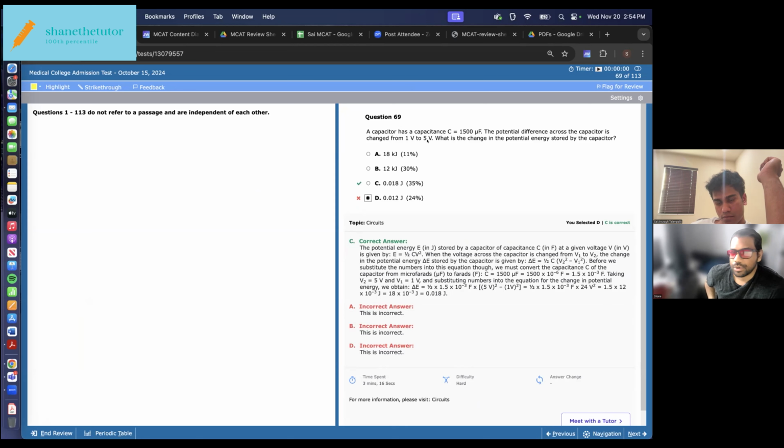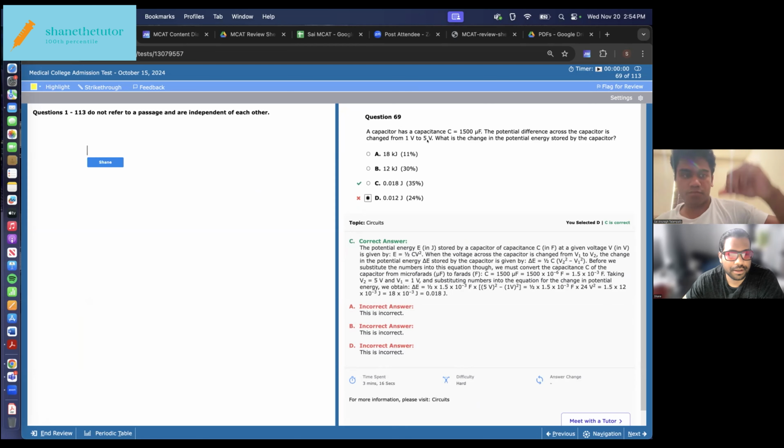Okay. So that means that we're going to have to solve for potential energy at one voltage and then potential energy at another voltage, and then we subtract the two. Gotcha. That makes sense. So again, it's only for elastic potential energy where we're doing a change in x.